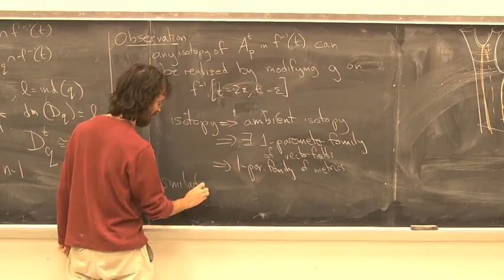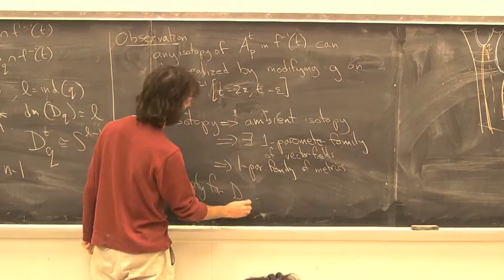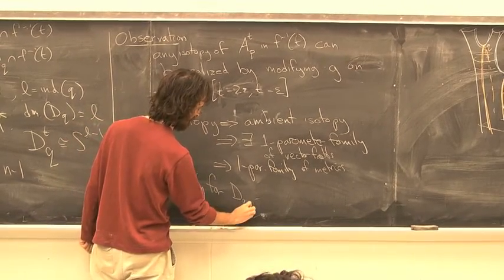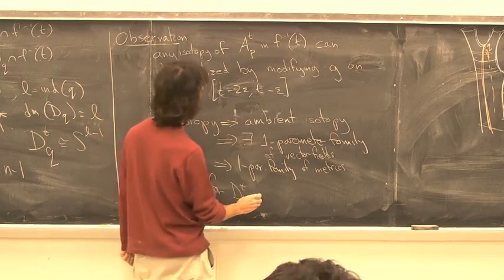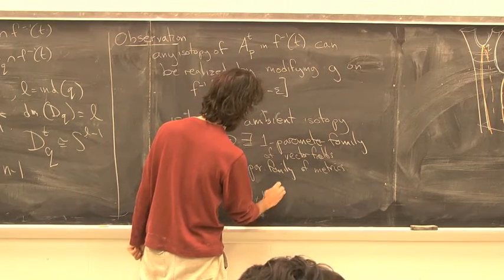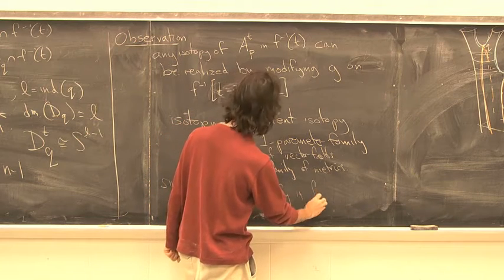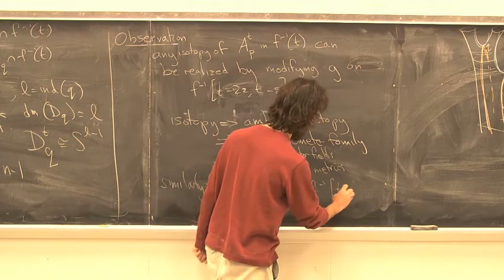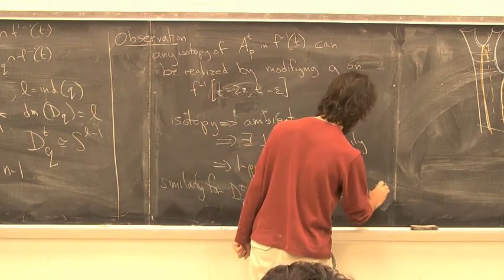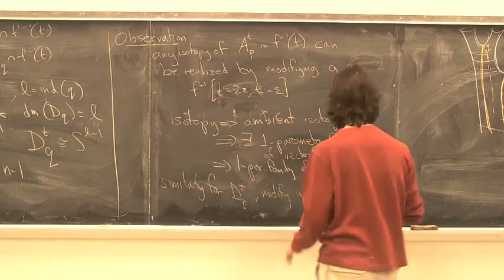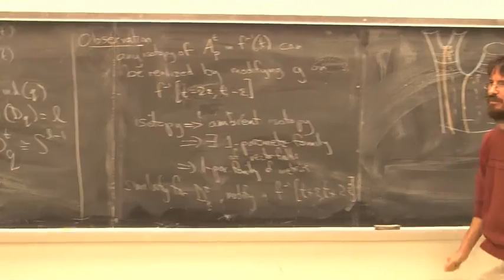Okay, so similarly, for the descending manifold, the descending sphere, modifying things in F inverse of T plus epsilon and T plus 2 epsilon. So you stay away from critical points, everything's in this little neighborhood, right?